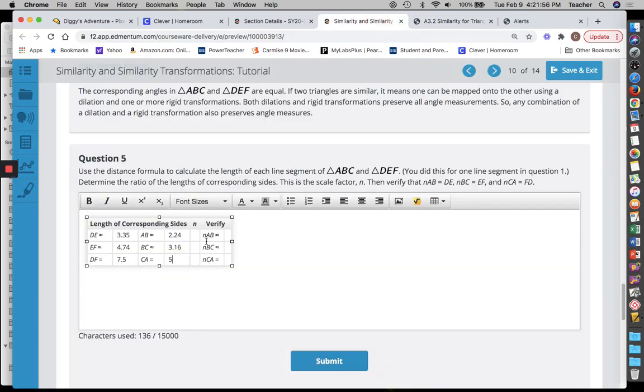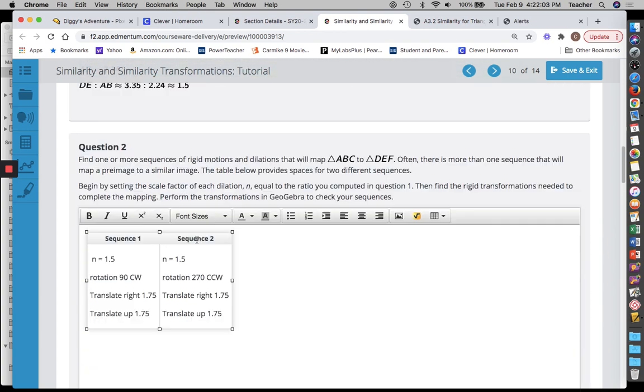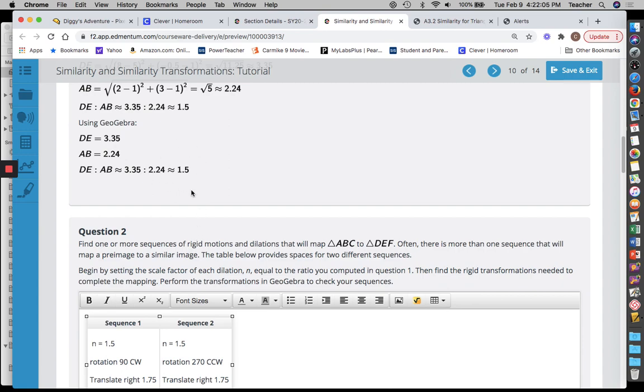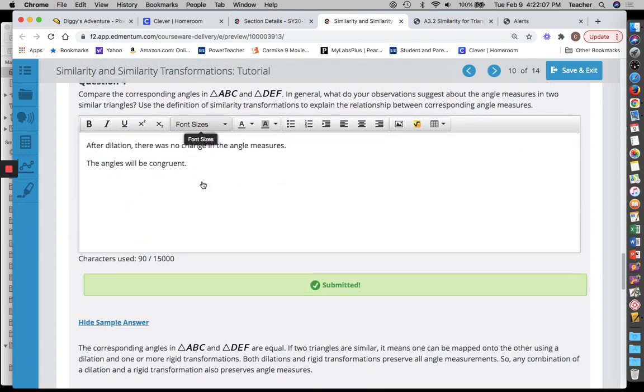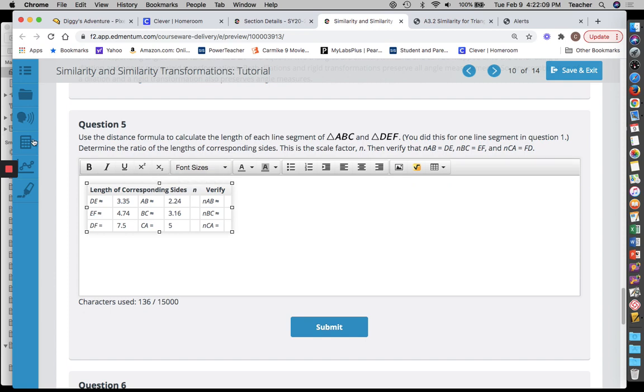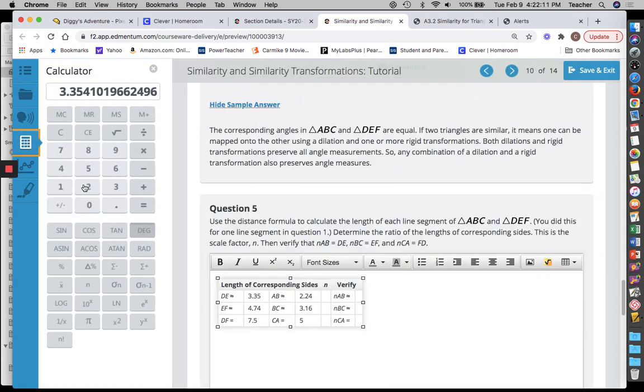Well, we already know the scale factor is going to be 1.5 because we found that in the first one. When you divide the ratios, they equal 1.5. For you visual people, 3.35 right here divided by 2.24 is 1.5.